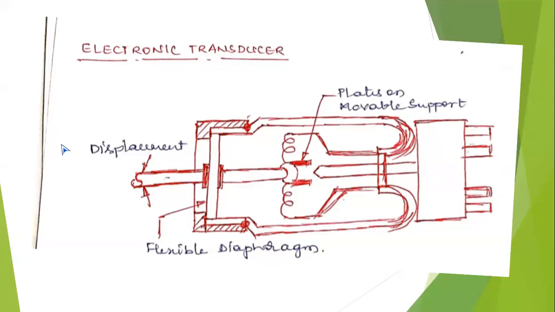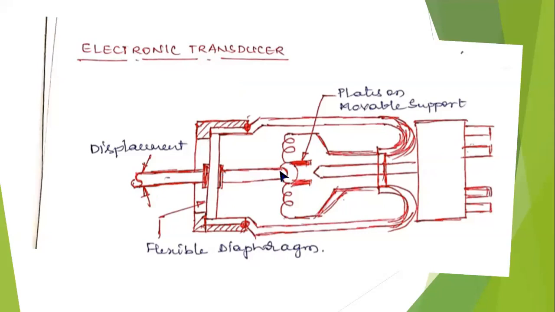Just all of you listen. The principle of operation of the electronic transducer is the displacement or deflection of this plunger. The deflection is amplified by the flexible diaphragm, maybe a million times or a thousand times.